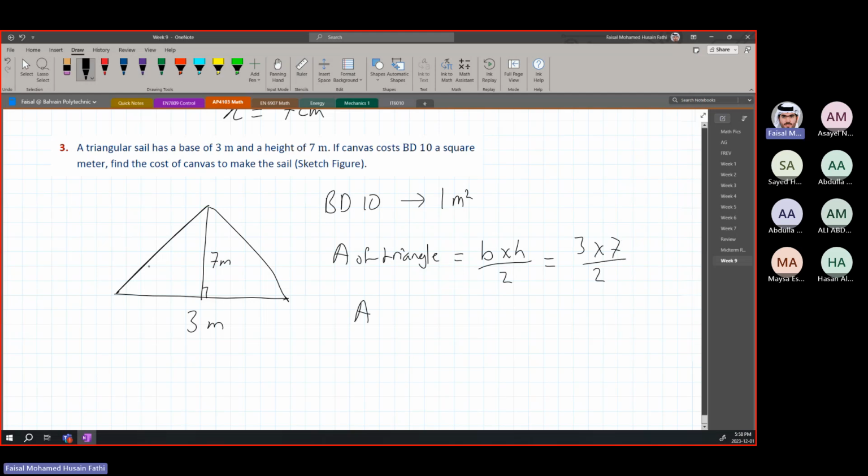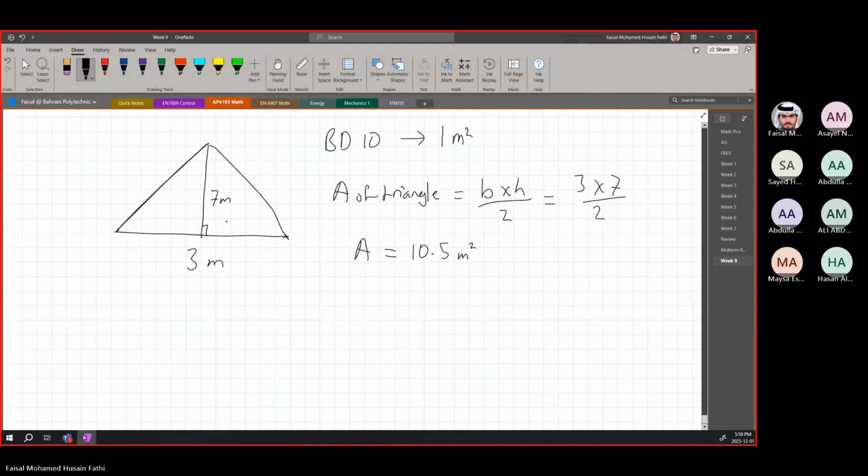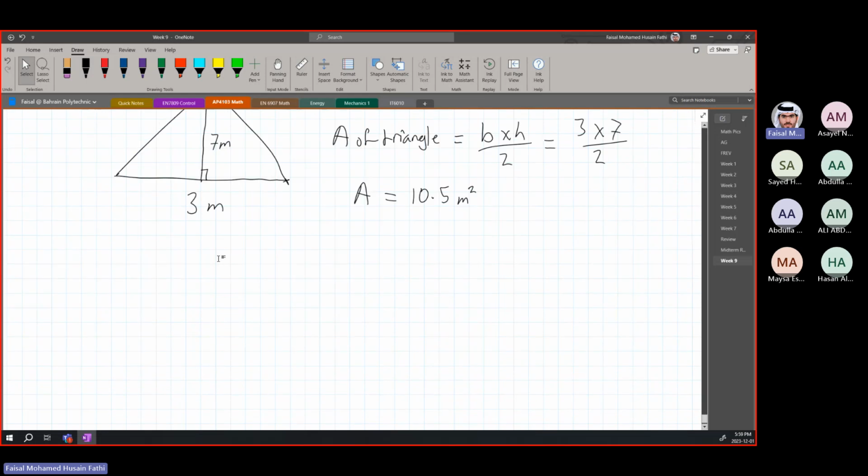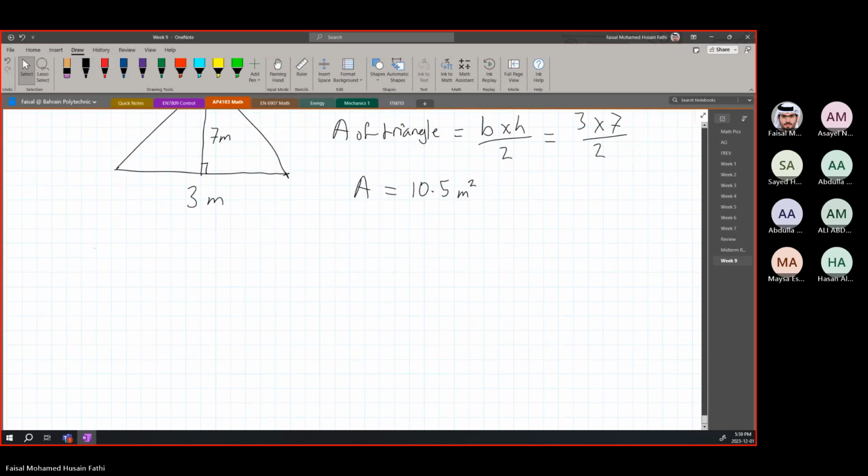So the area is going to be equal to simply 3 times 7, that's 21, divided by 2. That is 10.5. Yes, 10.5 meters squared. We found the area is 10.5 meters squared. Now, we know that based on the question, a canvas costs 10 BD per square meter. So we know that 1 meter squared will cost 10 BD.